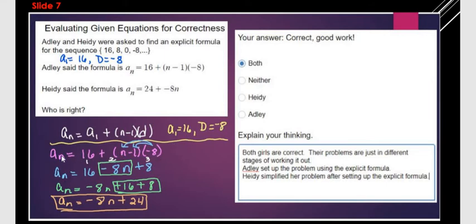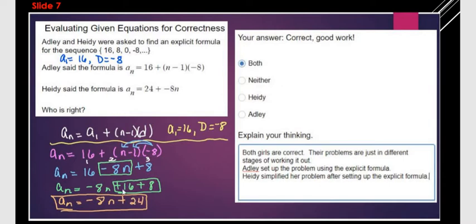Set it up right here, and we're going to use DSR: distribute, which we just did, simplify, and then replace. Well, we're just going to simplify right here. So now I have the first term, second term, third term. I'm going to write the first term down, -8n, and I'm going to add the 16 plus 8 together and come up with 24.